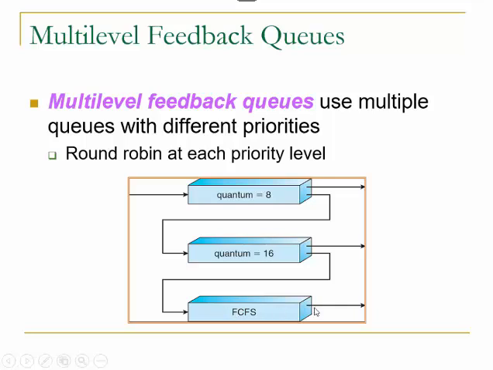The process which arrives first will be executed first. In this manner we can achieve multi-level feedback queue scheduling. Various algorithms can be implemented at various levels of scheduling based on the applications of the user.